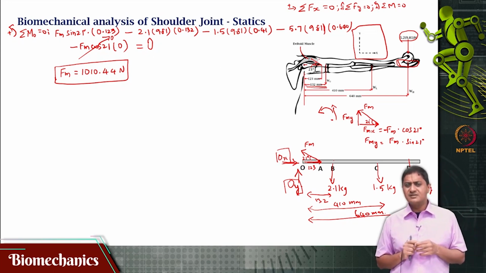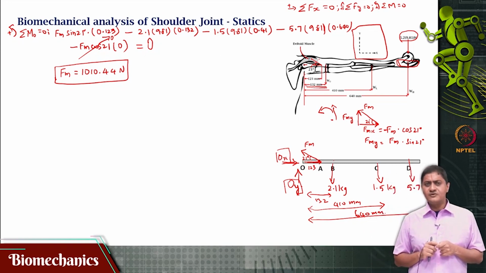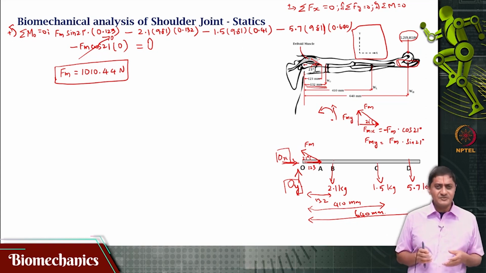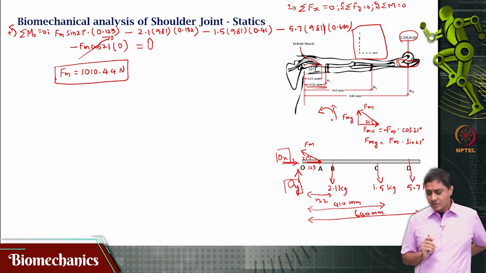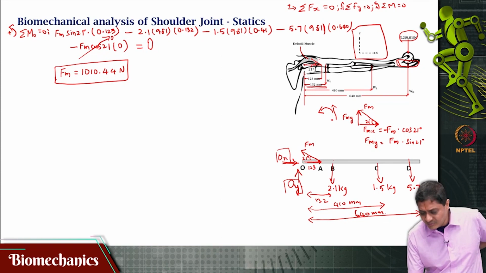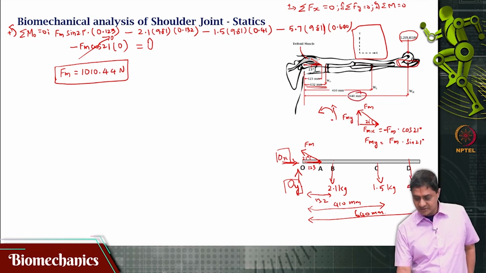Why does the muscle have to produce a force that is 10 times as much as the weight of the entire arm? That does not make much sense. Why is this? Because there are several things at play here. One is, the muscle is attaching at a small moment arm, whereas the external load is acting at a very large moment arm.